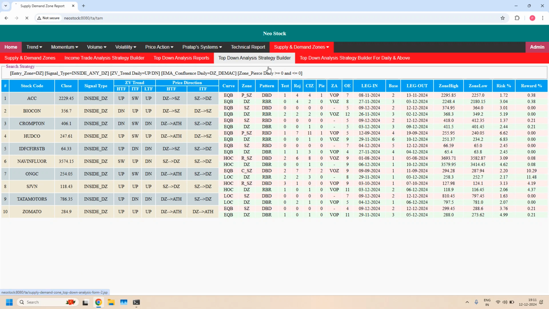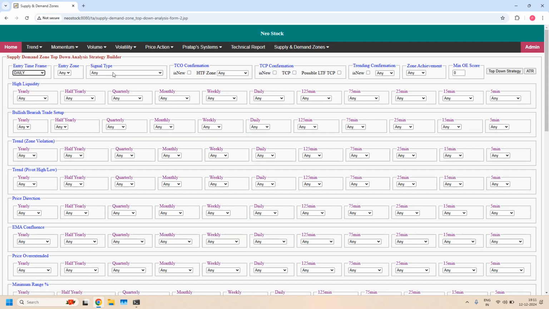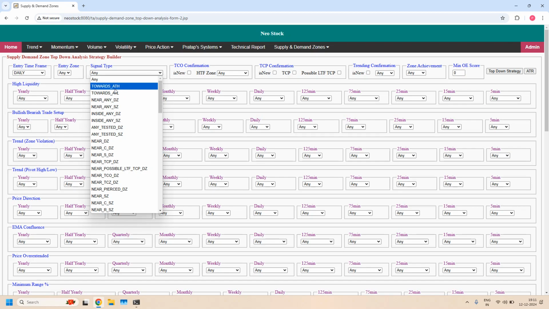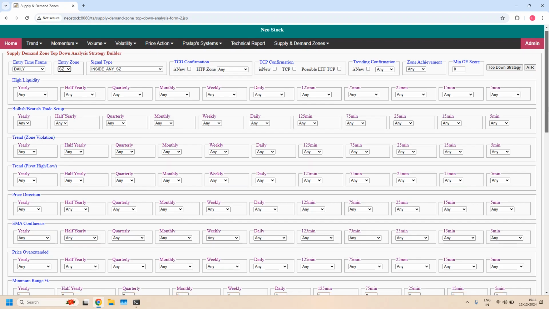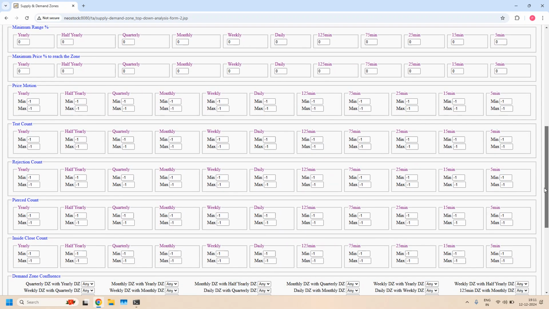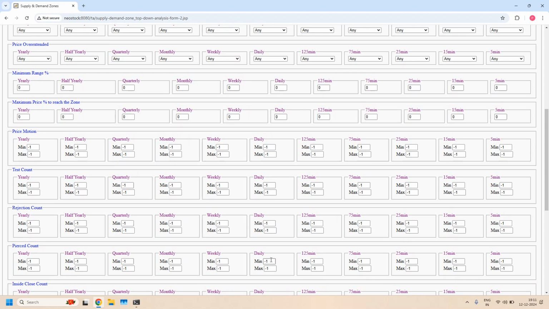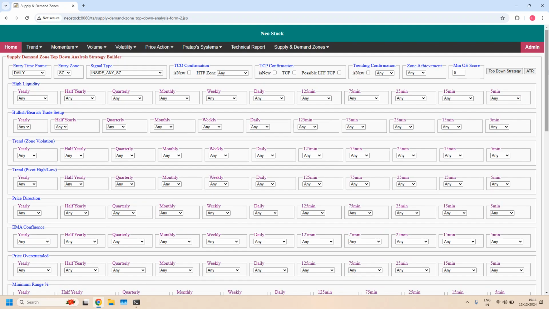Next, for daily time frame, price closed inside daily supply zone, and these daily supply zones should not be pierced. So in the pierced count at a daily time frame, minimum value 0, maximum value 0. Let's filter.